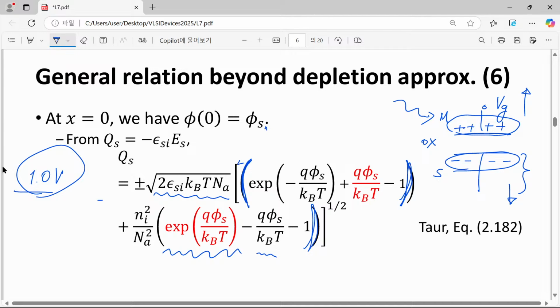And when it is divided by thermal voltage, then its maximum number is about 40. Here we have 10 to the minus 14 or 10 to the minus 16 multiplied by 40. Then what will happen? That doesn't contribute at all. So it never contributes to overcoming this first term.